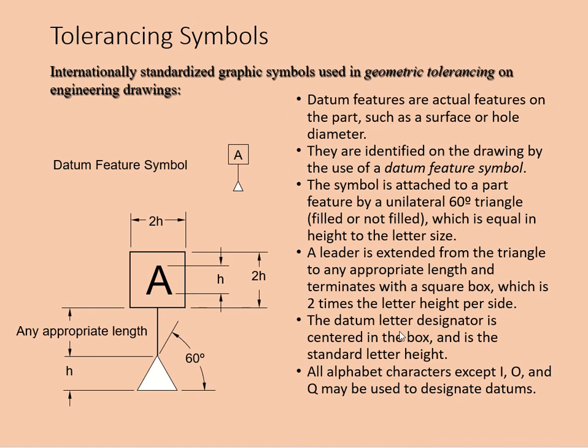I'm going to identify on the drawing by the use of your datum feature symbol, this one, and we'll put it on our print. You have to attach the symbol to a part feature, and there is a 60-degree angle for the base. Sometimes the triangle is filled with a white color, and sometimes it's just not filled.